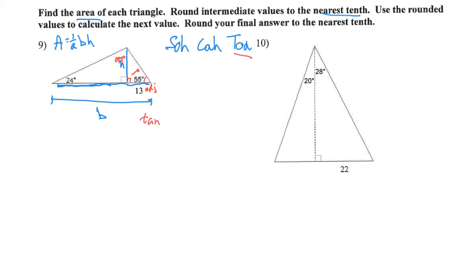So I have tangent of my angle, 55, equals opposite is h over adjacent is 13. So I'm solving this for the height, so I multiply by 13 on both sides. Then grab a calculator, do 13 times the tangent 55, and h is going to be 18.7.